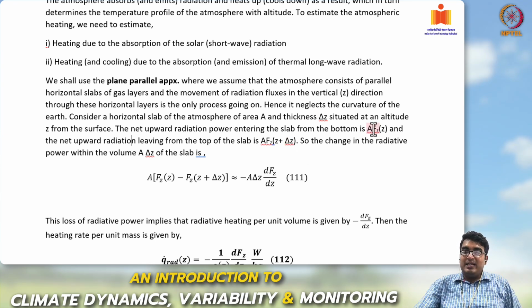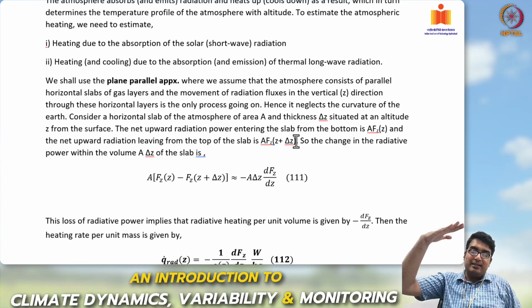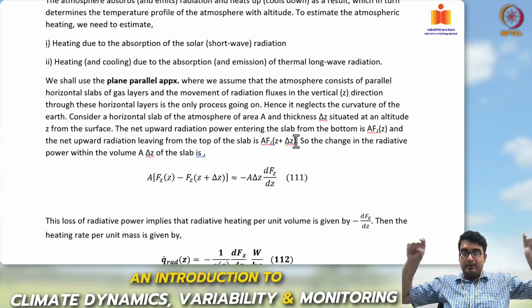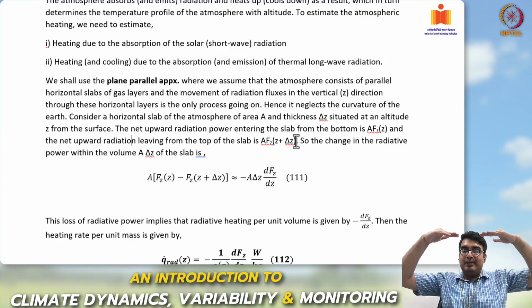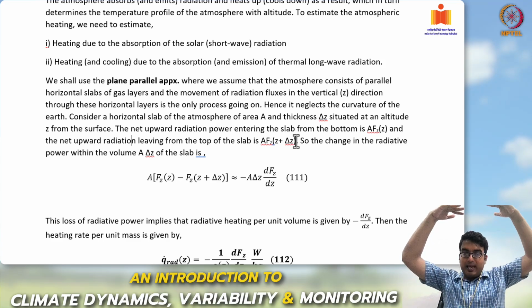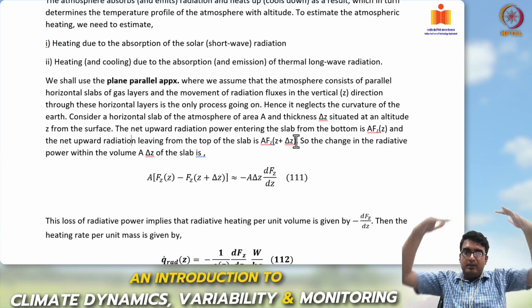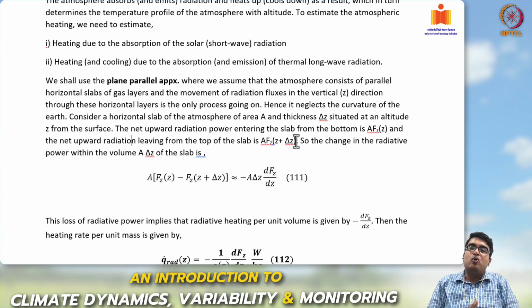Whatever is the net upward flux at Z is Fz, and Fz at Z plus delta Z is the net upward flux at Z plus delta Z. So A into Fz is going in as the net energy per unit time, and A into Fz at Z plus delta Z is going out from the top of that slab. So what is the net change in the radiative power within this volume?